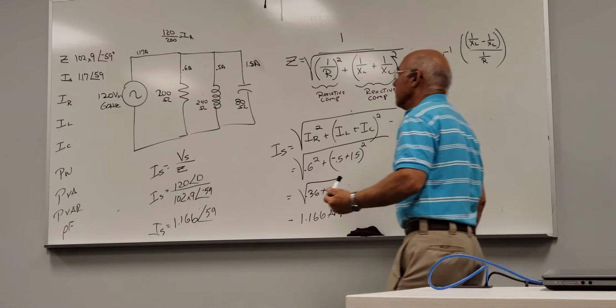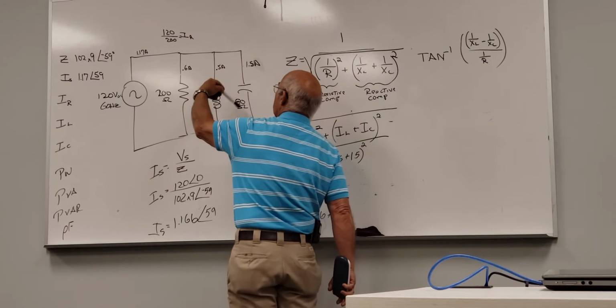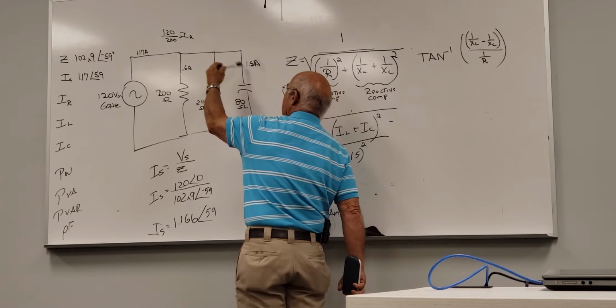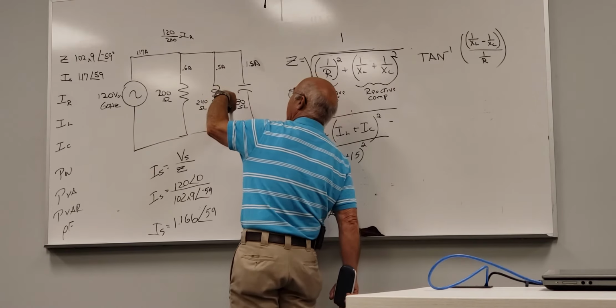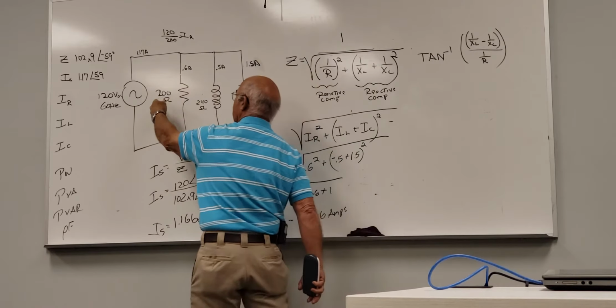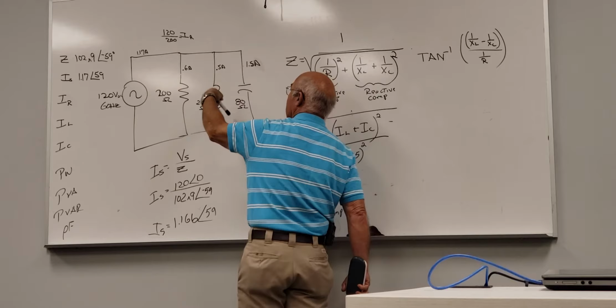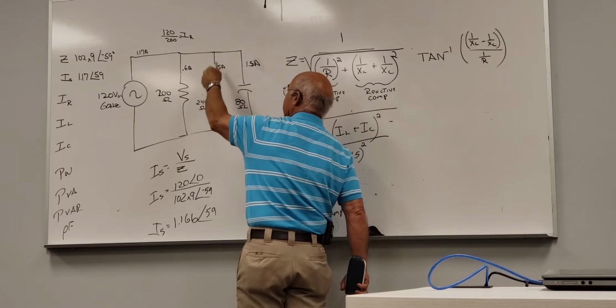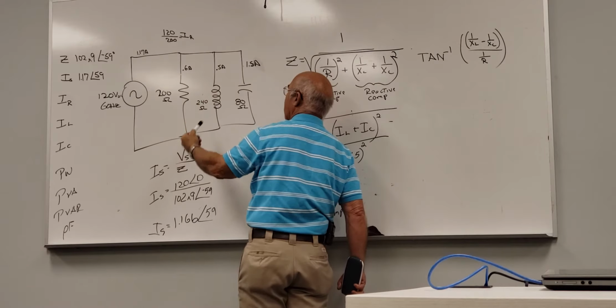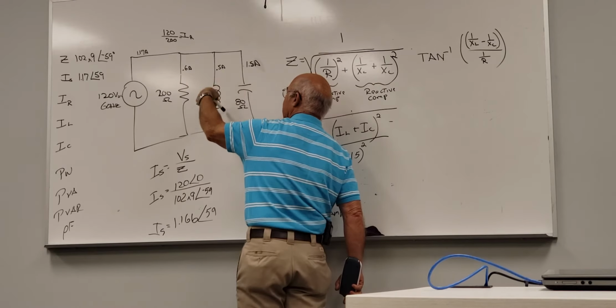What's happening is the current from the inductor is supplying the current to the capacitor, and in the other half cycle, the capacitor is supplying current for the inductor. They're not even looking at the source. This current over here is just sloshing back and forth. Once we got them started, these two are just supplying each other's current.